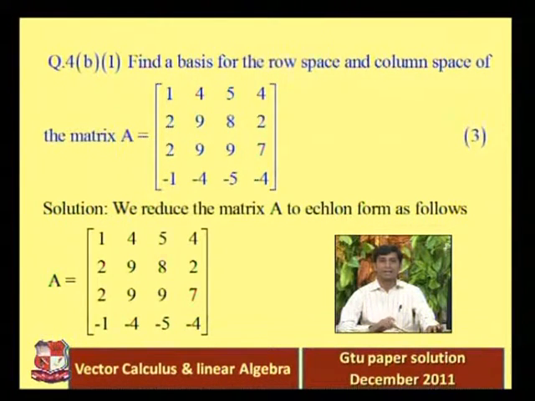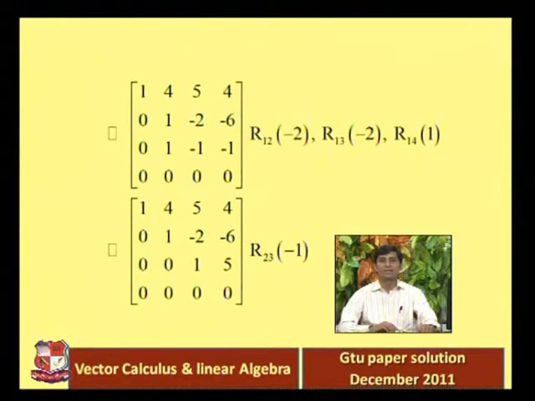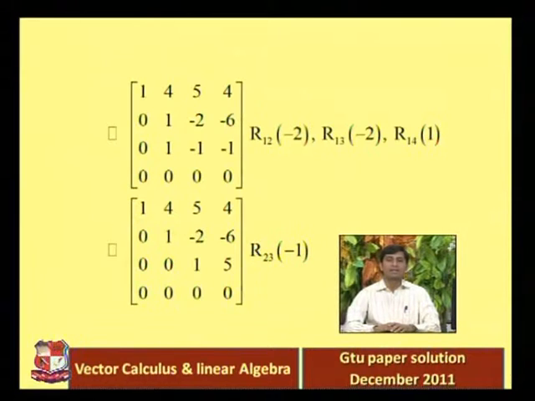In the second row there is a change because we multiplied the first row with -2 and added into the second row. So the second row becomes 2 - 2 = 0, the second element is 9 - 8, that is 1, then 8 - 10, that is -2, and then 2 - 8, that is -6. So the second row becomes 0 1 -2 -6.